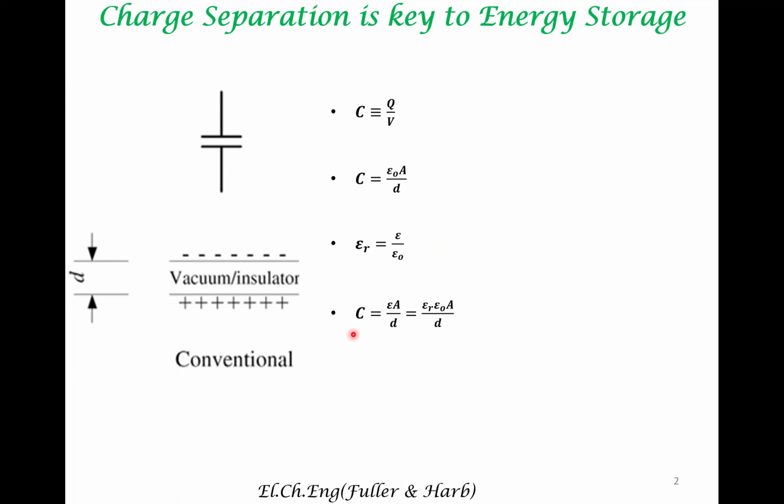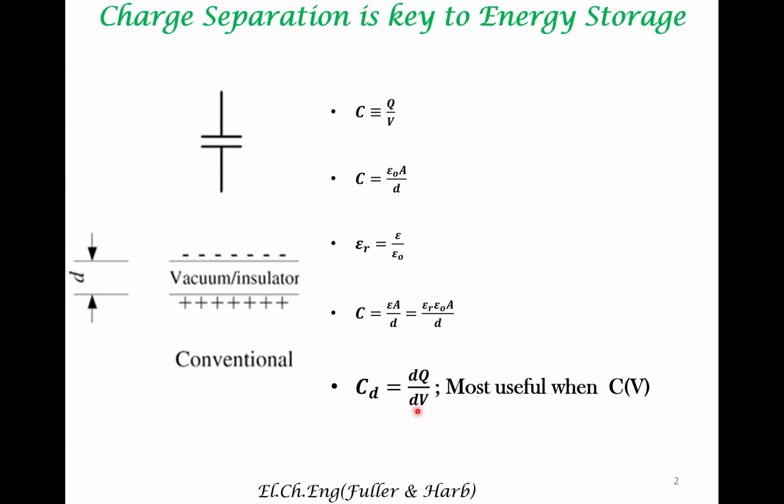As opposed to all these things, we would be referring to capacitors that depend upon the voltage. In this case, we would often talk about differential capacitance. We are not talking about Q by V. This is often called integral capacitance. This is called differential capacitance that goes as dQ by dV.